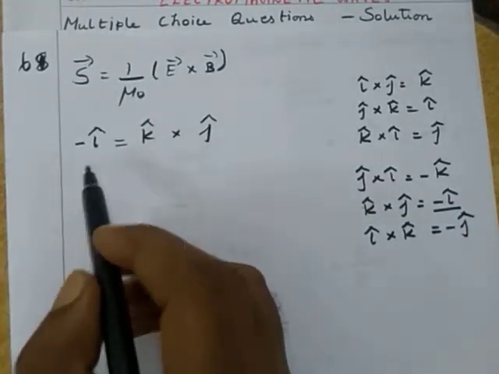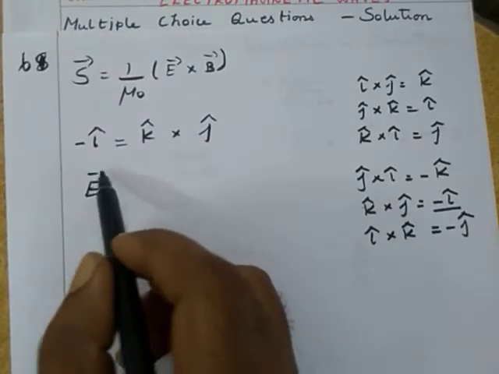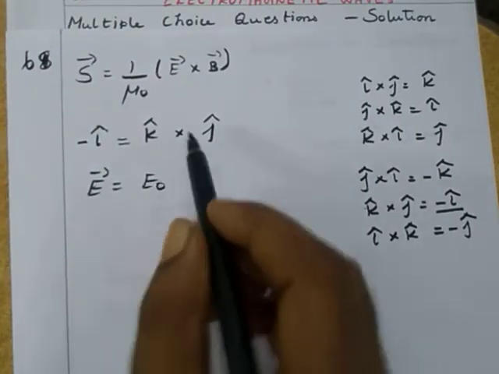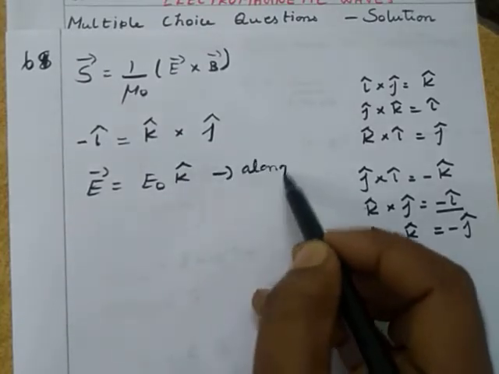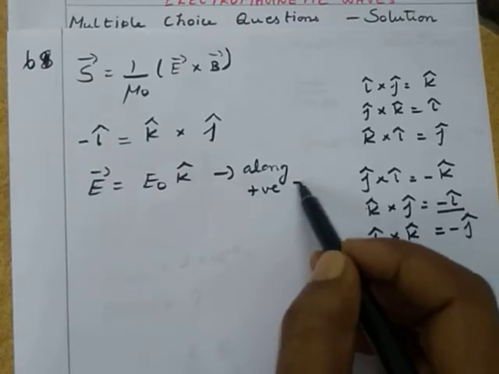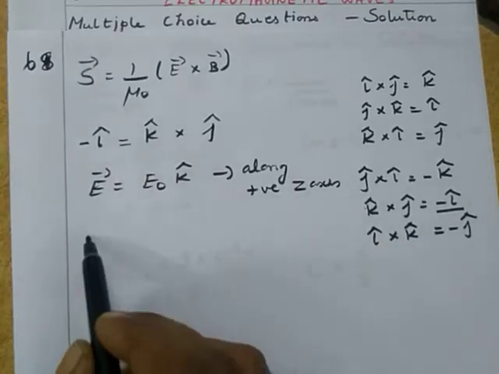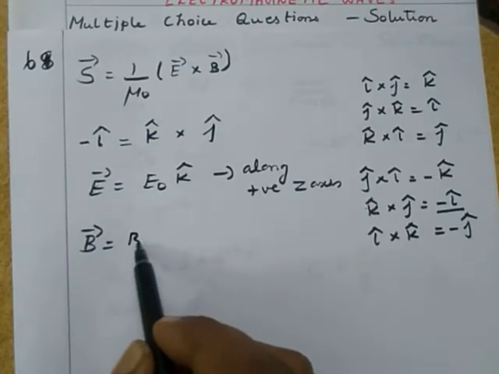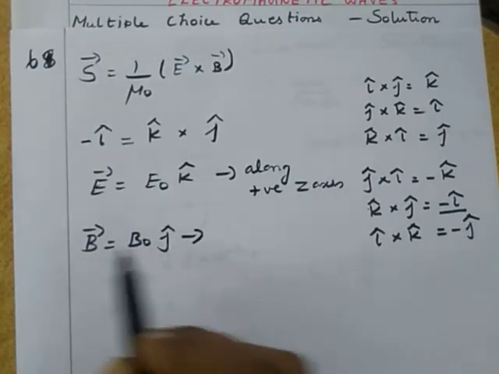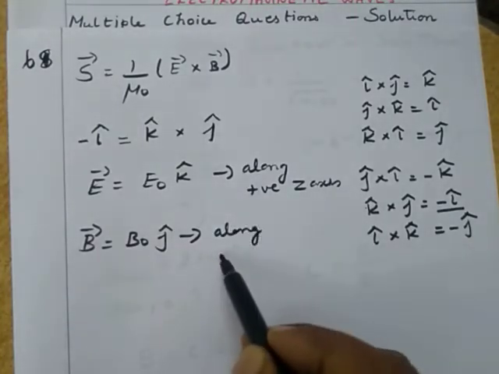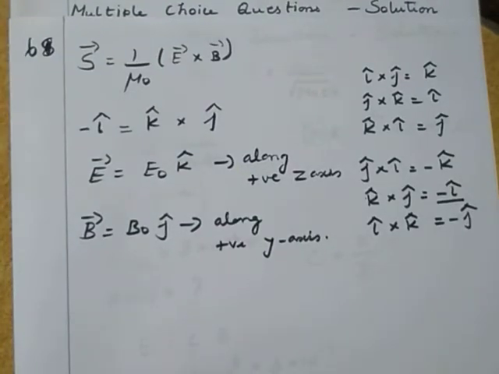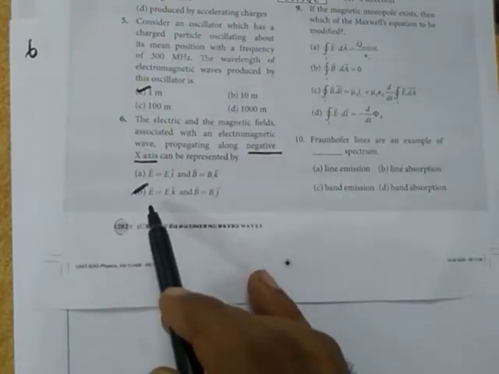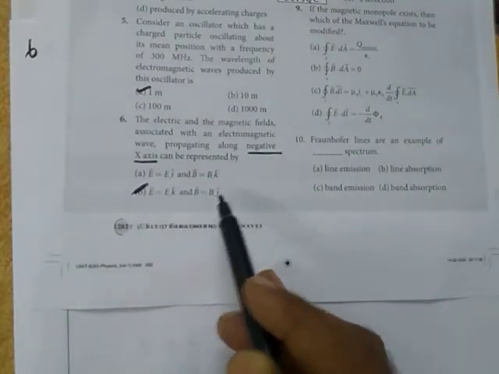So the electric field E vector is equal to E naught k cap, along the positive z-axis, and the B vector is equal to B naught j cap, the magnetic field along the positive y-axis. So the answer is B: E vector equals E naught k cap, B vector equals B naught j cap.